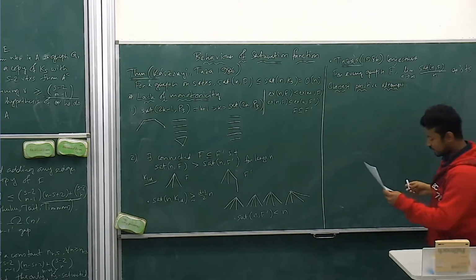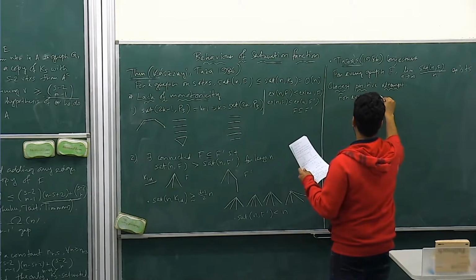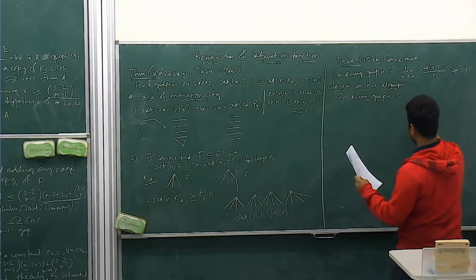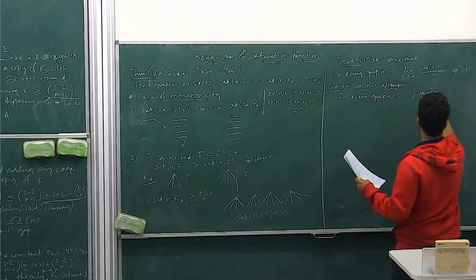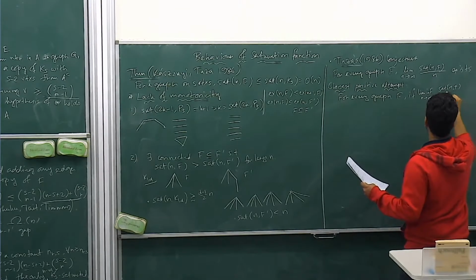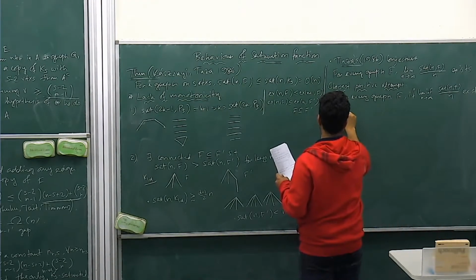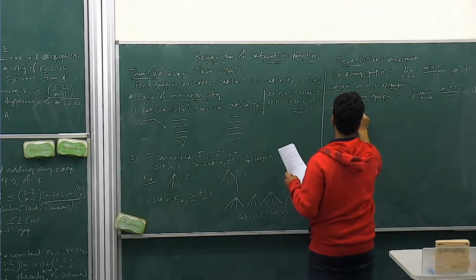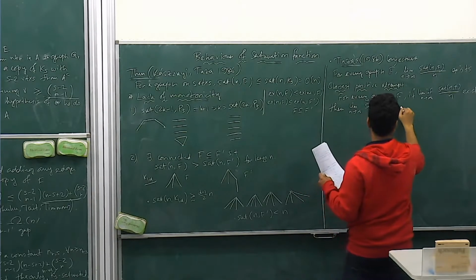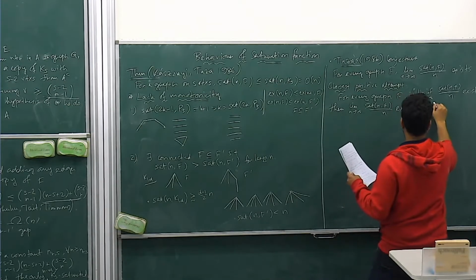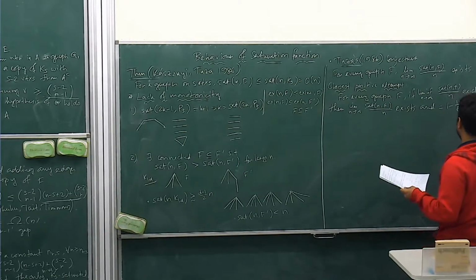For every graph F, if this lim inf as n tends to infinity of sat(n, F) over n exists, then the limit as n tends to infinity of sat(n, F) over n exists, and there is some additional information, and this is equal to 1 minus 1 over p for some integer p.